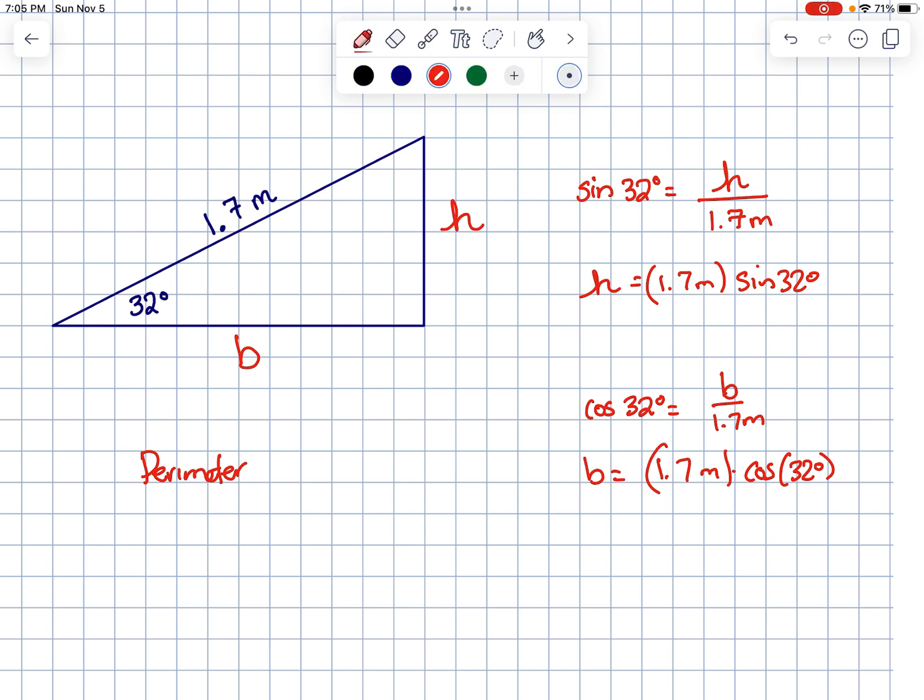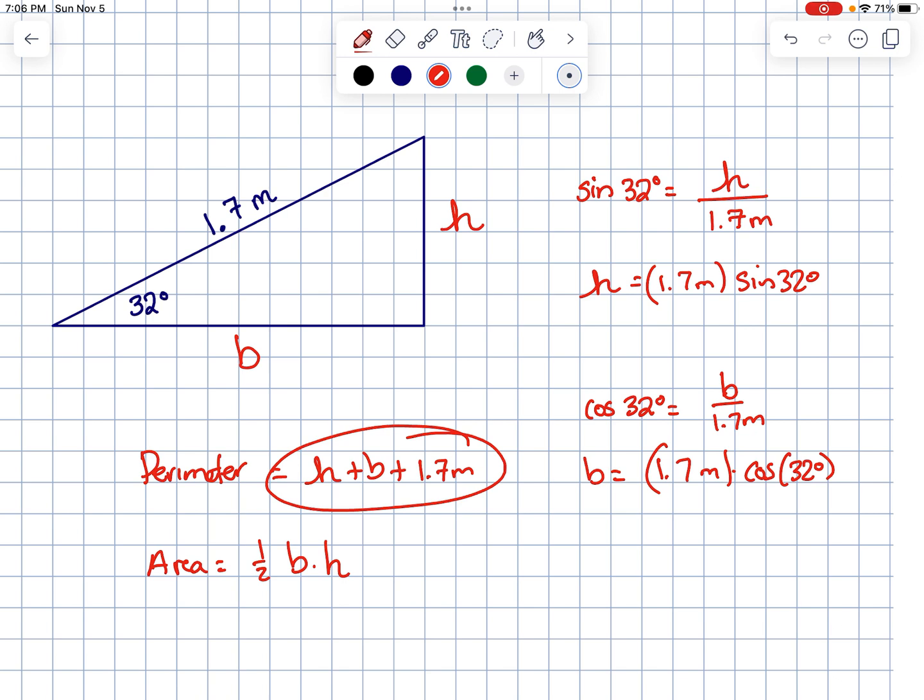And so the perimeter would be H plus B plus the hypotenuse, which is 1.7 meters. And these are all things we know, so we can find the perimeter. If somebody asks us to find the area, the area is 1/2 the base, which I called b, times the height, which I called h. And since we know b and h, we can find the area. So I might ask you to find the perimeter or the area of a triangle just to make you find the edges.